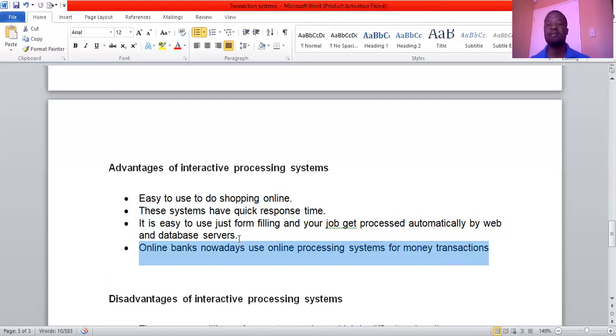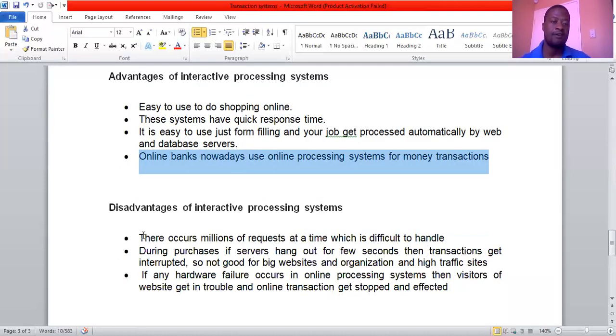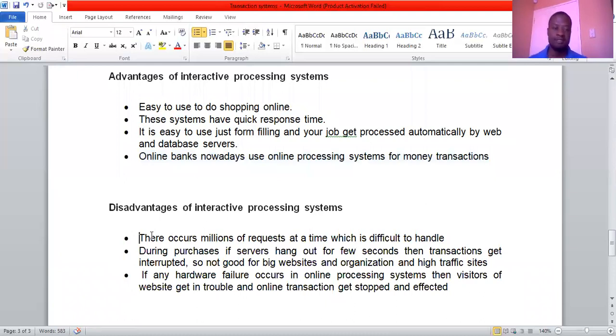If someone is abroad and wants to send you money, you receive this money right on the spot, because this system processes everything right on the spot. Those are some of the advantages of the interactive processing system.